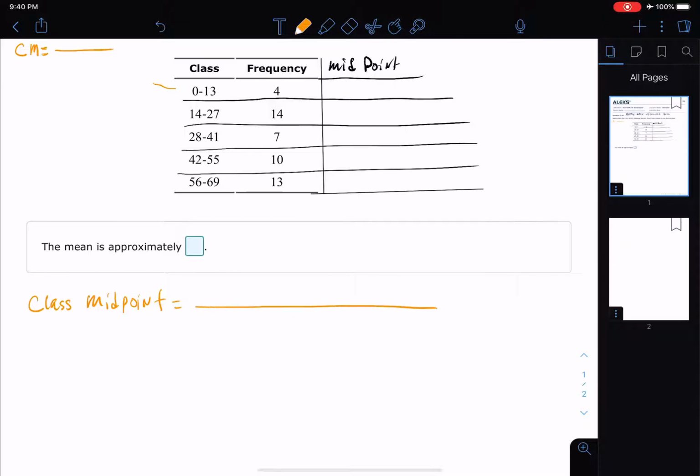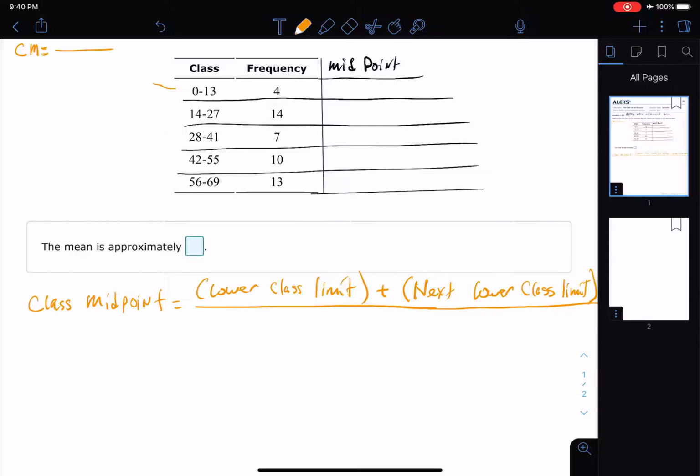The way you do it is you take the lower class limit, plus the next lower class limit, and you add those up, and since you're taking the average of them, divide by 2.